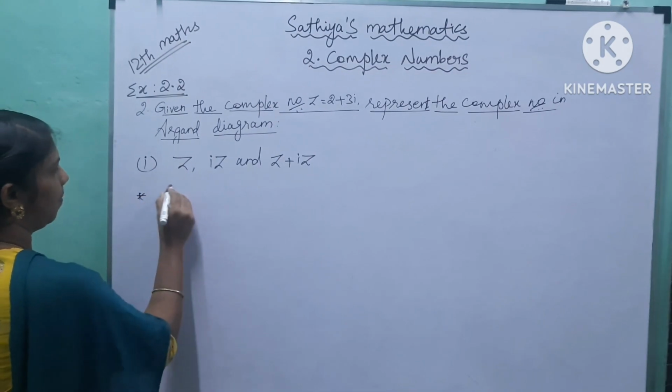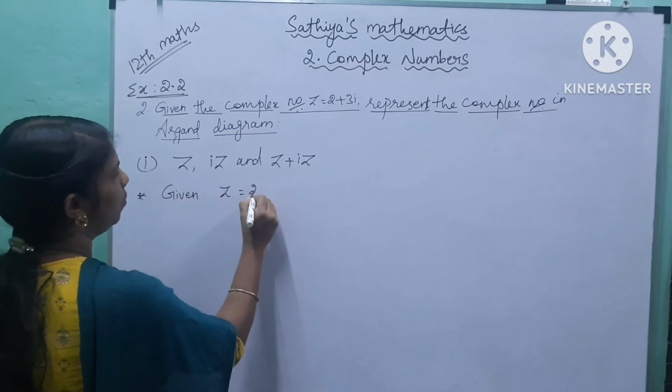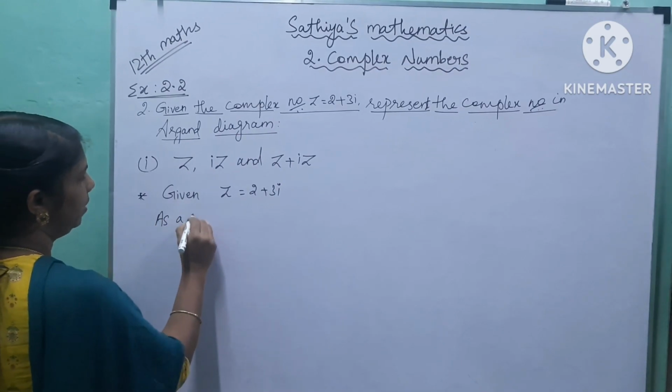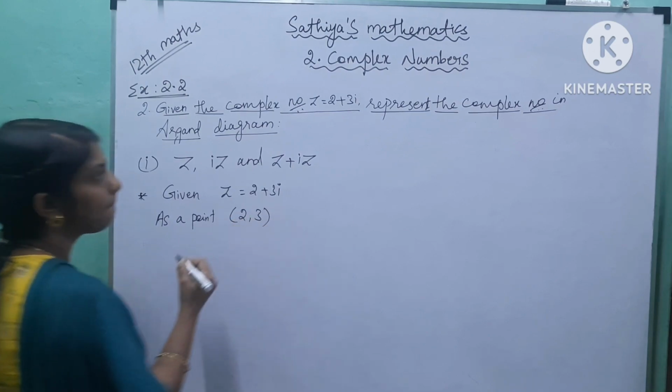Given that z is equal to 2 plus 3i, this we can consider as a point 2 comma 3.